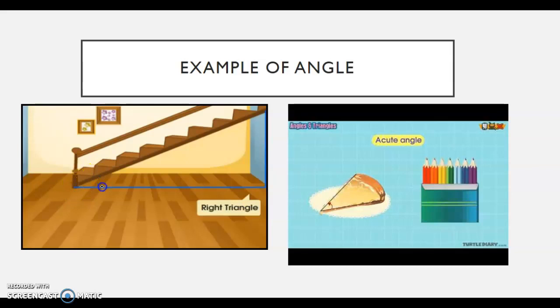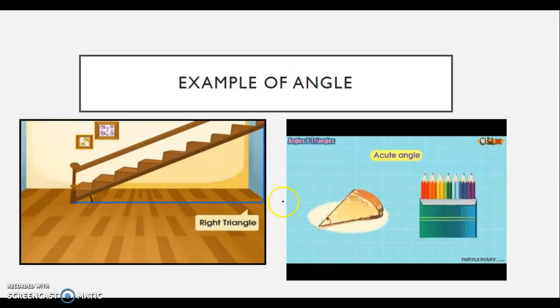So here is an angle. Also here is an angle. There is an angle also. And see this pizza carefully. This is an angle also. One line, second line. Here angle, angle, angle. Okay, so these are examples of angles.